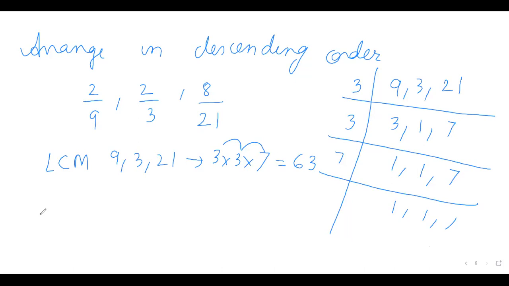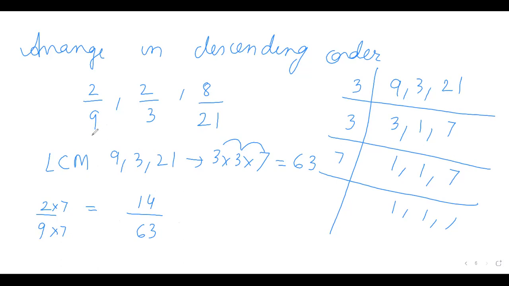Okay, so what I will be doing is changing each denominator into 63. So how can I change it into 63? What do I need to multiply in numerator as well as denominator? Ma'am, we have to multiply 9 by 7. So we got 14 upon 63. And why are you multiplying it with 7?